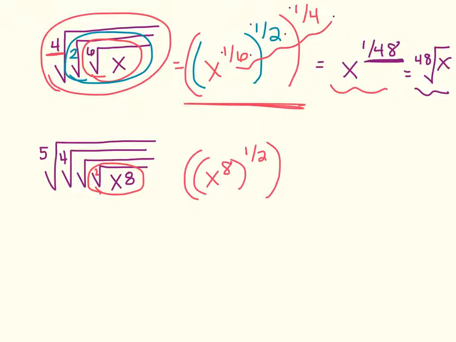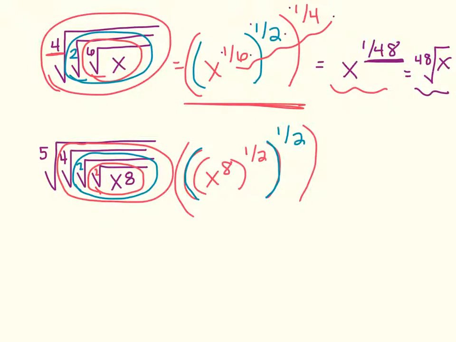My next one would be this one, and that's another 2, so that would be another power of 1/2. Then I have a 4th root coming next, so that would be a power of 1/4. And then last but not least, I have this 5th root on the outside.